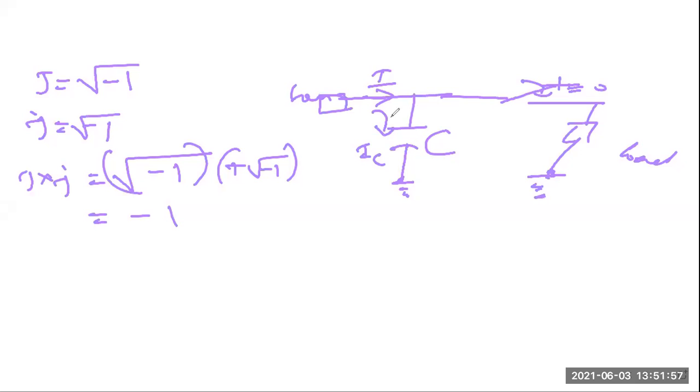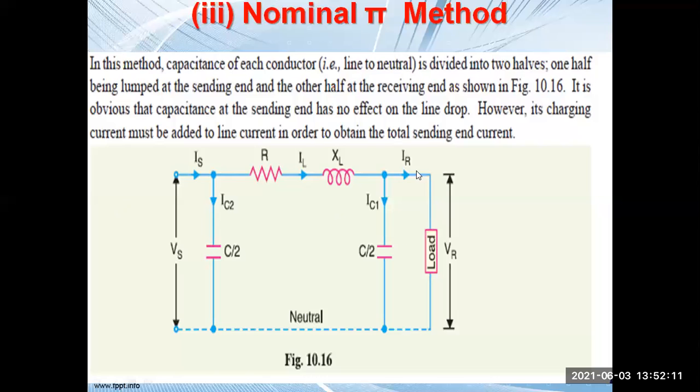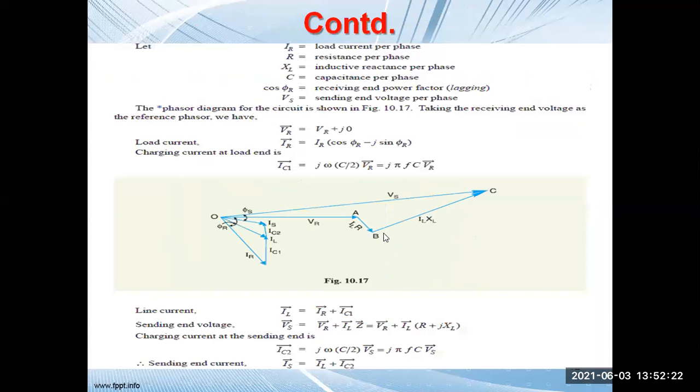Till it gets fully charged, it will always draw some amount of current, which is basically the charging current, and due to that the capacitor gets charged. So this C/2 is not contributing towards the voltage drop because it is at the end. It has no effect at all, but it will draw the charging current.